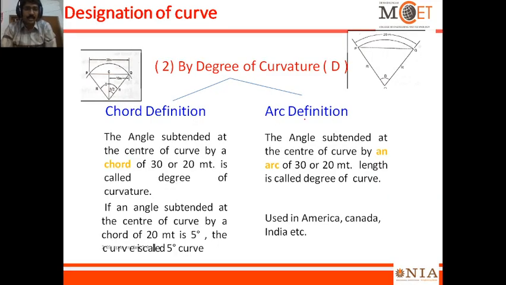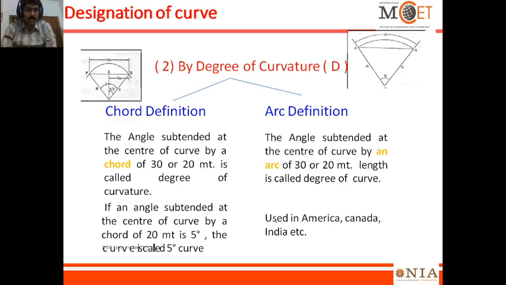By the arc definition, the length of the arc is maintained at 20 meter or 30 meter. The angle subtended at the center of the curve by an arc of 30 or 20 meter length is called the degree of the curve.